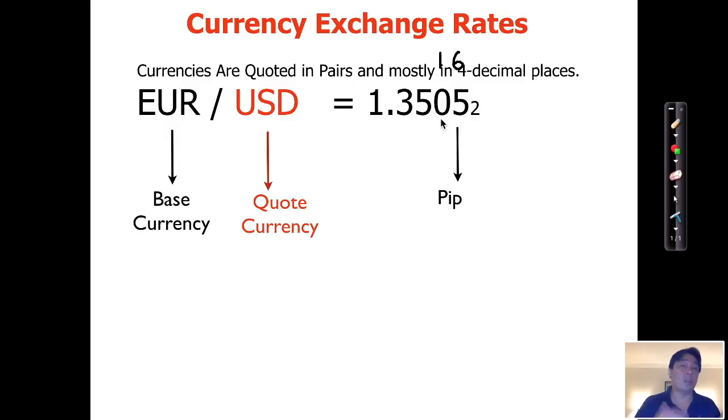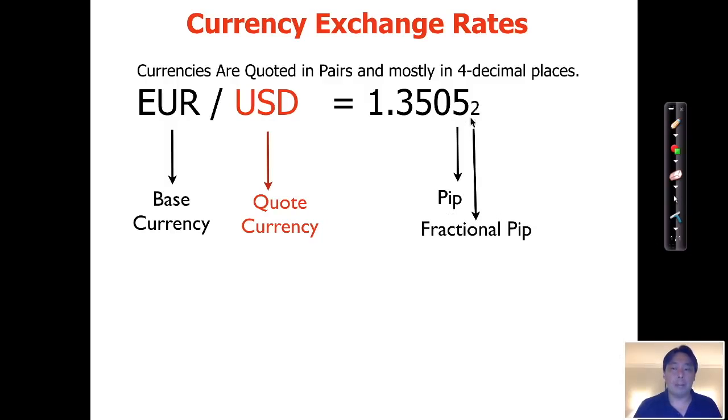The euro USD has gone up by 11 pips. Does that make sense? 11 pips, because 11 plus 5 is 16. So the pip is the last decimal place. If you look at this entire thing, it's 3,505 pips since it moved up from 0, which was a damn long time ago.